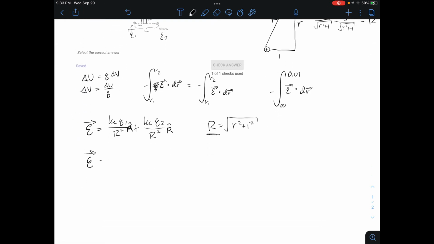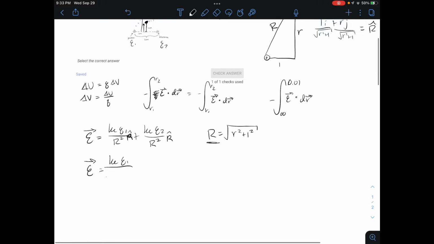All right, so that's going to be Ke times the charge of the proton, Q1, over, and since it's squared, we can just make it r squared plus 1, because r is the square root of this, so r squared is going to be r squared plus 1.